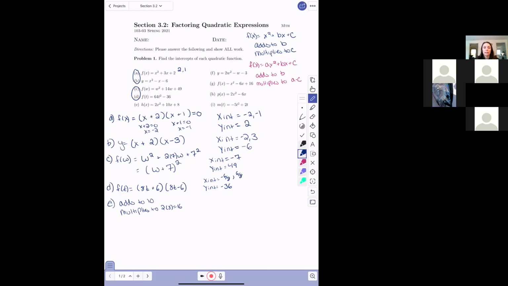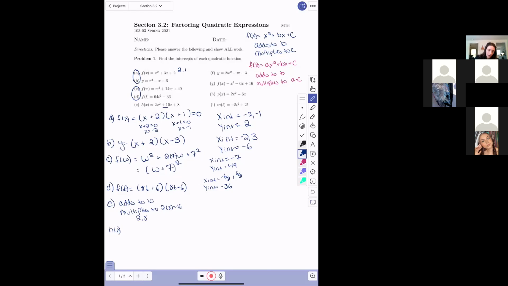Can anyone think of any two numbers? 2 and 8. 2 and 8, perfect. So 2 and 8 are special numbers. I'm going to rewrite h of x.